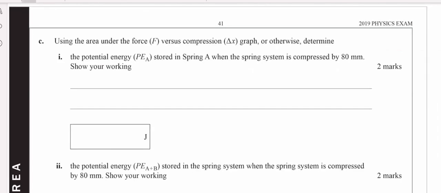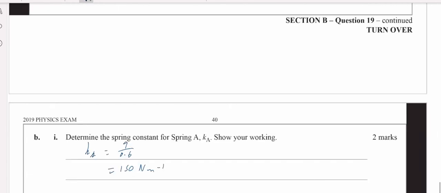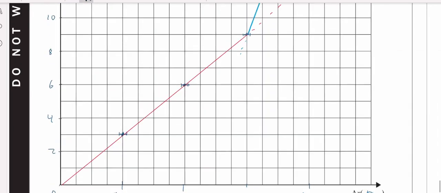The area under the force versus compression graph, or otherwise, determine the potential energy PE of spring A. Finding this energy area.